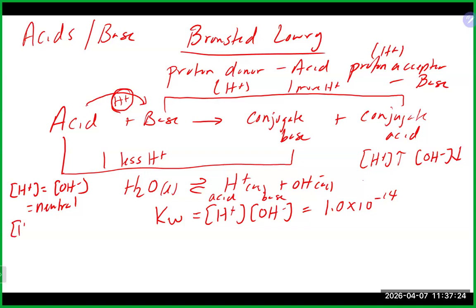If our H plus concentration is larger than our OH minus, so our acid part is greater than the base part, then it's going to be an acidic solution. And if the base part, which is the hydroxide, is greater than the H plus, it will be a basic solution. So you could calculate the H plus concentration and the OH minus concentration, compare the two, and that will help you determine that.